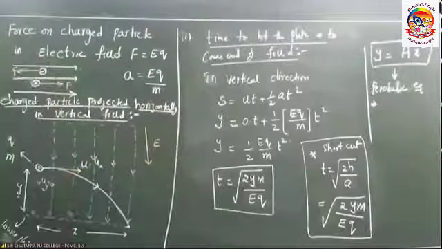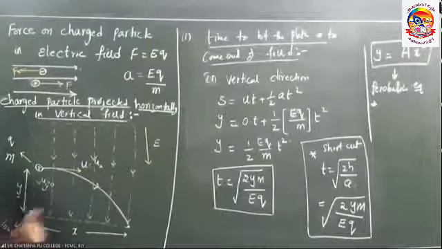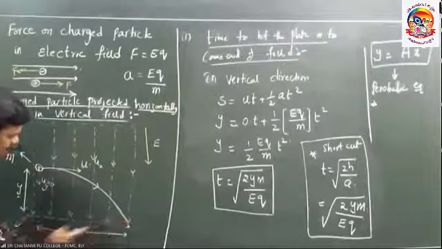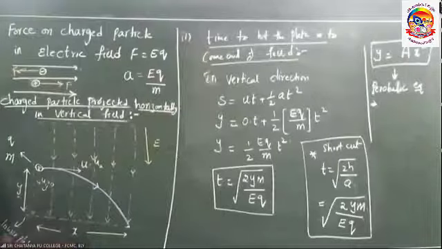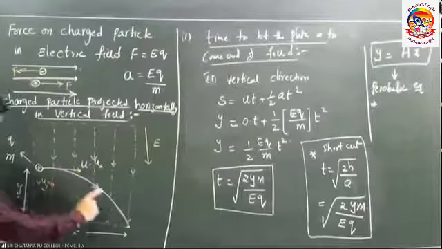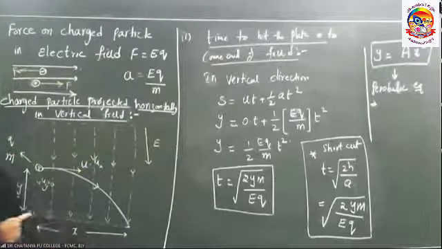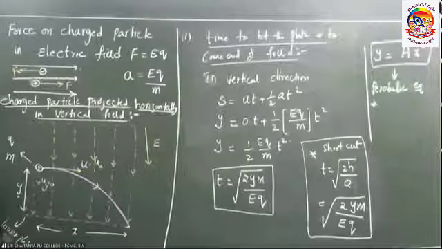Come on, note down or take a screenshot. In the same case, from here to here, its horizontal displacement is x. What is it called? Range, maximum horizontal displacement. The horizontal displacement during the time of flight, you call it range.